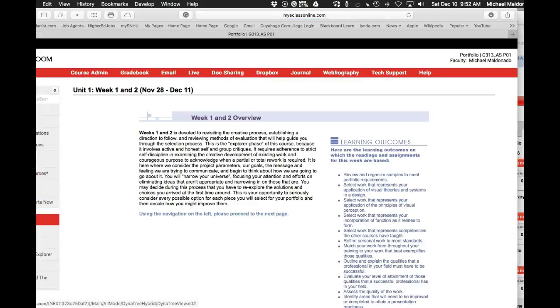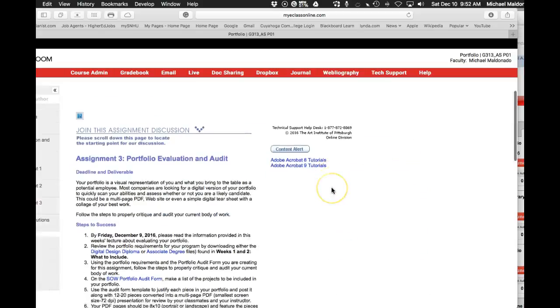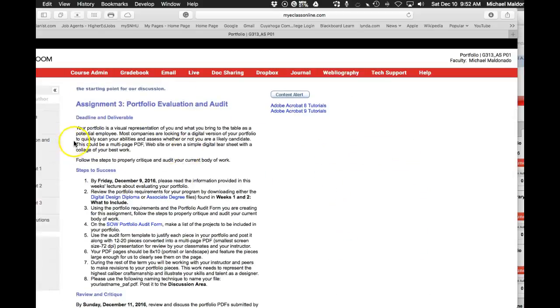Okay, week 1 and 2, assignment 3. Okay, now, portfolio visual application. If you bring your table of potential employees, most companies are looking for a digital version of your portfolio to quickly scan your abilities and assess whether or not you're a likely candidate. This could be a multi-page PDF.